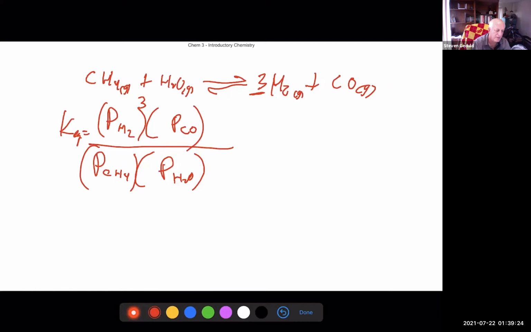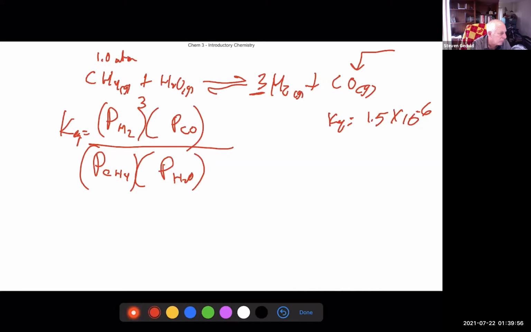Okay, so we have the K equilibrium value equal to 1.5 times 10 to the negative 6 for this reaction. So we're given that, and it wants to know what is the equilibrium pressure of carbon monoxide. So we're looking for this, and we're given the partial pressure of CH4 is 1.0 atmospheres.